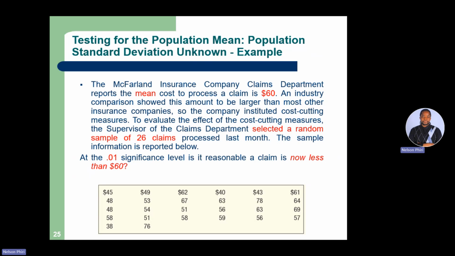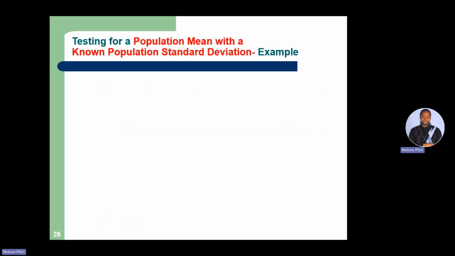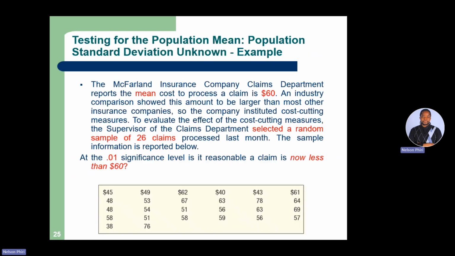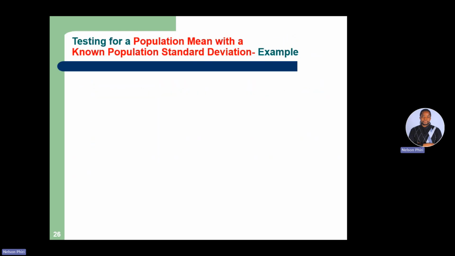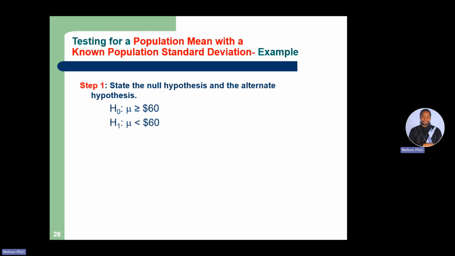This will correspond to your alternative hypothesis. We're testing if it is less than 60, so that should be the direction of your H alternative. So your H naught is mu greater than or equal to 60. Then, as I said, your H alternative is mu less than 60.